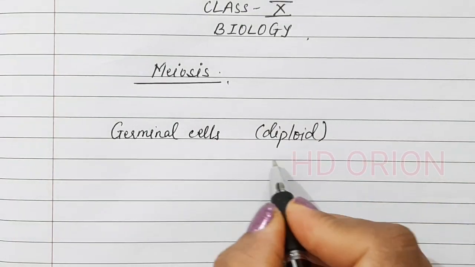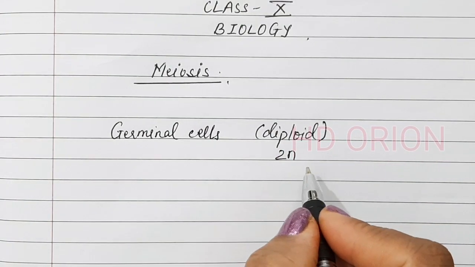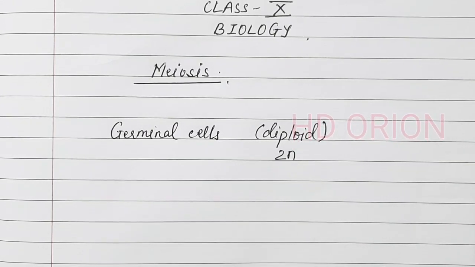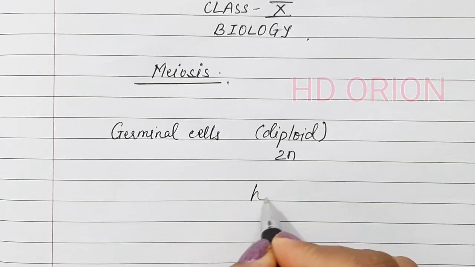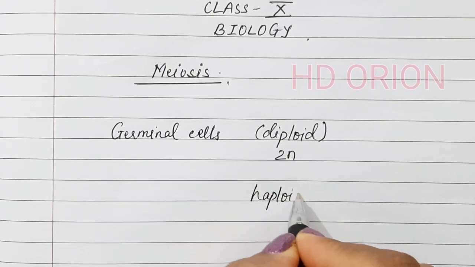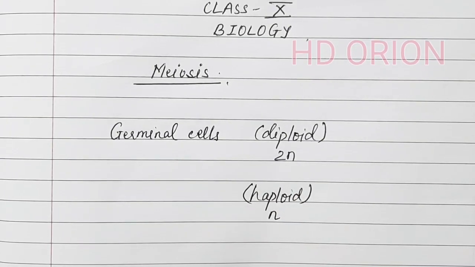The diploid set of chromosomes is represented as 2n, and these diploid cells undergo the meiotic cell division and get reduced to half and form the daughter cells, which are haploid. The haploid number of chromosomes is represented as n.